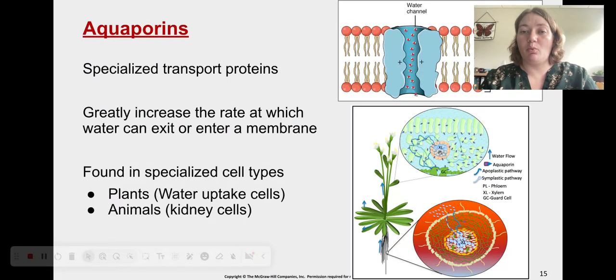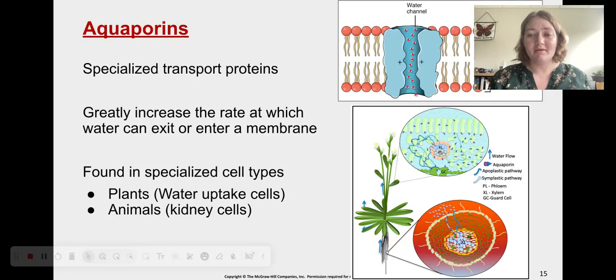All right, one last thing I wanted to mention about water movement. We talked about osmosis, right? And osmosis is a type of simple diffusion, right? It does not need a protein. Sometimes there are cases where a cell just needs to bring in a lot of water, right?